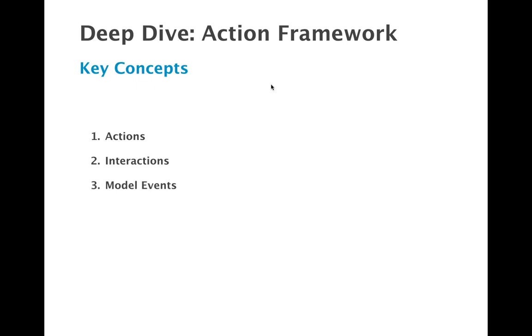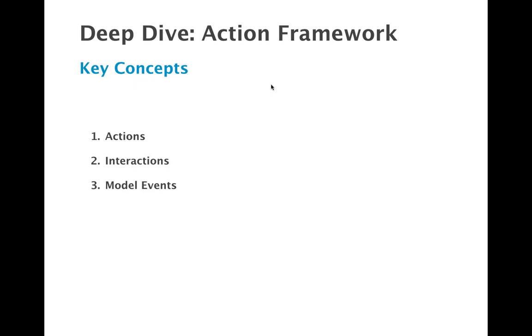So one other piece of that is new in the Summer 14 release is the idea of model events being initiators of actions. Now, we didn't cover this in our Summer 14 overview webinar, but we are going to cover that today. And this is really powerful. What this gives you the ability to do is say, whenever something happens to a model, for example, whenever a model is saved, or whenever a new row is created in a certain Skuid model, we might want to run a series of actions.